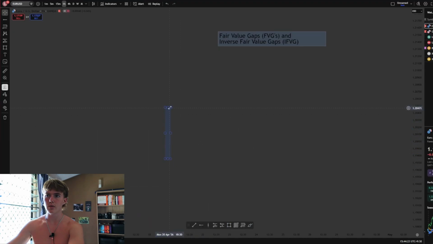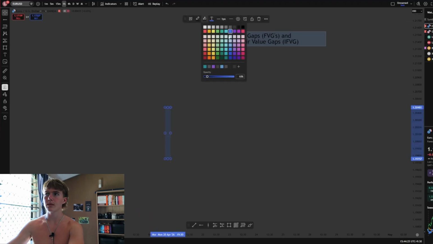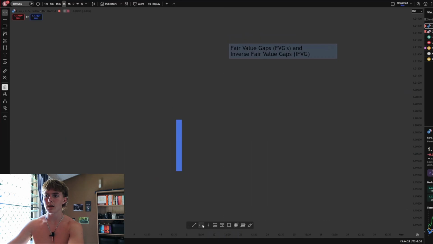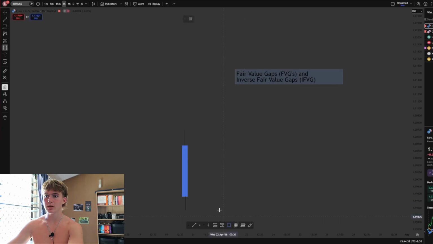Perfect. Imagine this is a candle, and it has little wicks like that. Then we have another candle with its own set of wicks, like this.